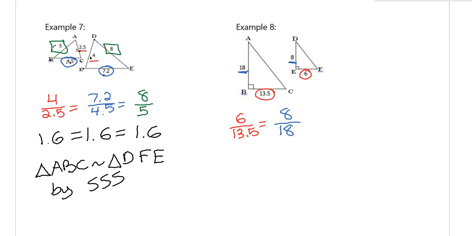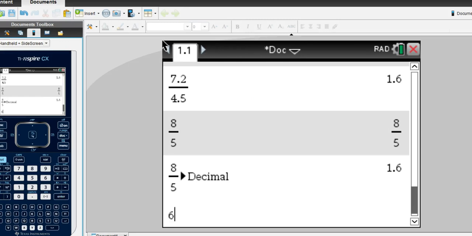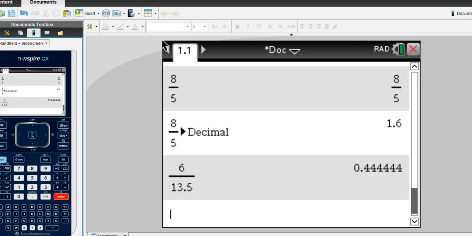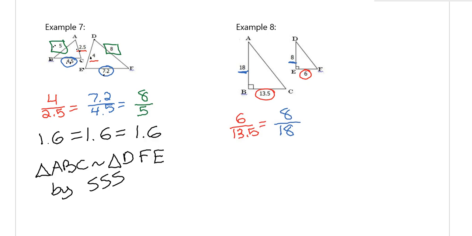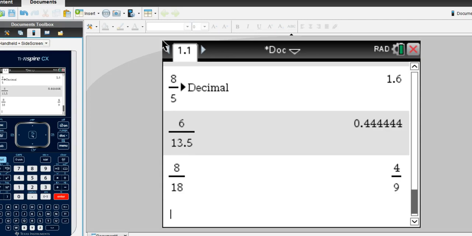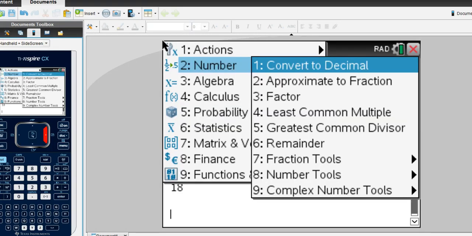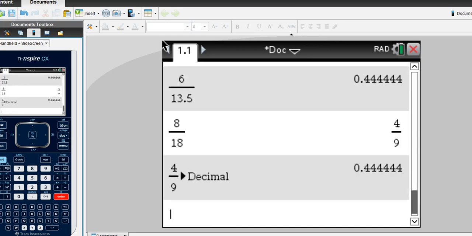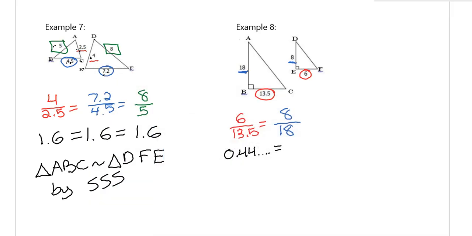So 6 divided by 13.5 is 0.444 dot dot dot, right? It goes on forever, a repeating decimal there. And then 8 divided by 18, again, that's a fraction, so I'm going to go to number, convert to decimal, and I also get 0.44. Yay.